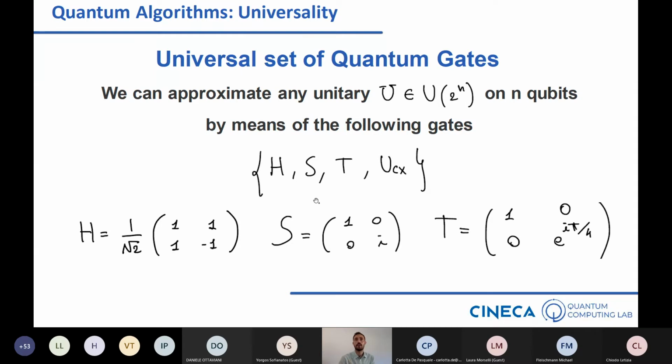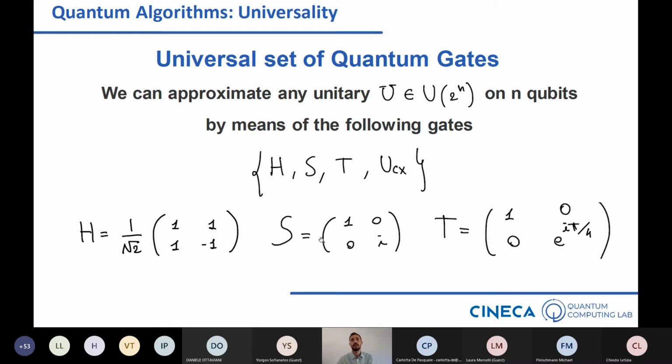This is not the only set of gates that achieves universality in the approximate sense. For one kind of hardware, it is easier to build some of them.